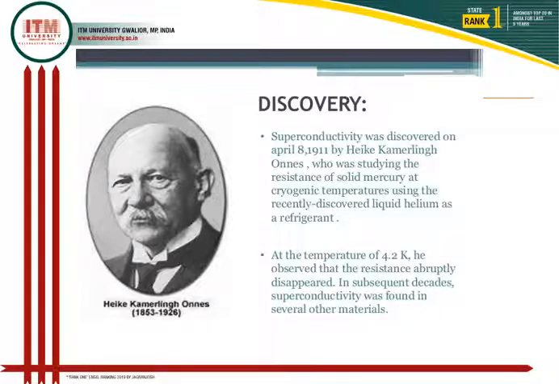In subsequent decades, superconductivity was found in many other materials: in metals, then in alloys, binary, ternary, quaternary, and now we are also thinking about some carbon-based materials. So it has opened up a lot of applications. But why? We will discuss in the other slides.